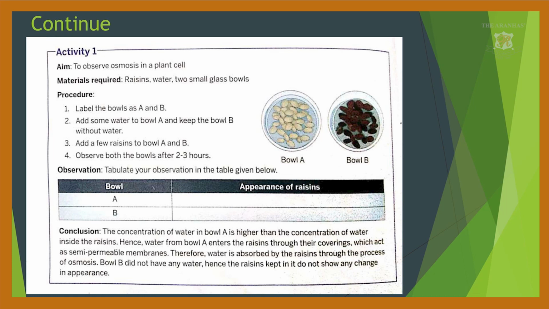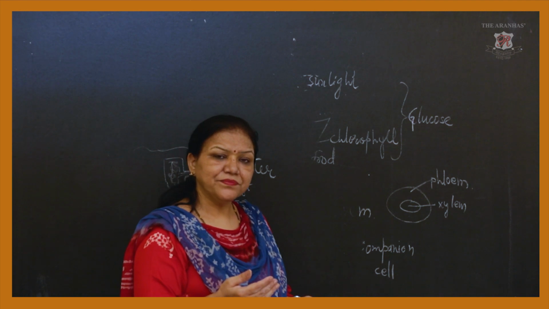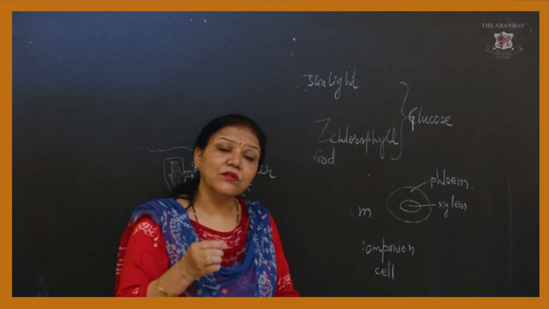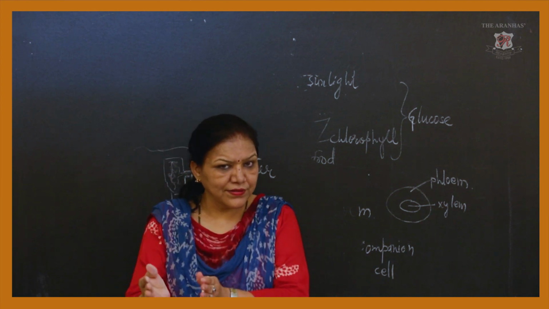How does it start? When resin seeds are dipped in water, their outer membrane acts as a plasma membrane. And in osmosis, we have already seen that water molecules move from higher concentration to lower concentration.